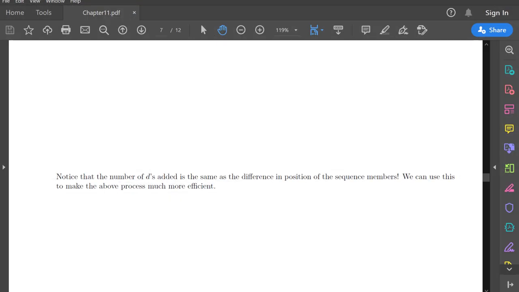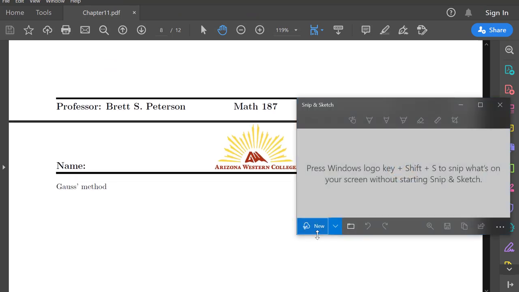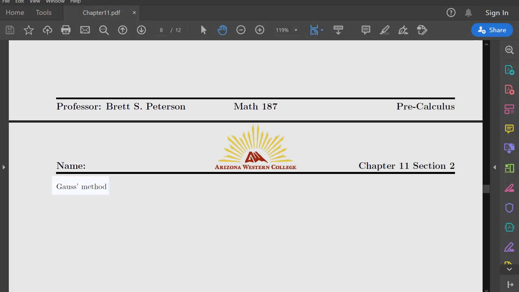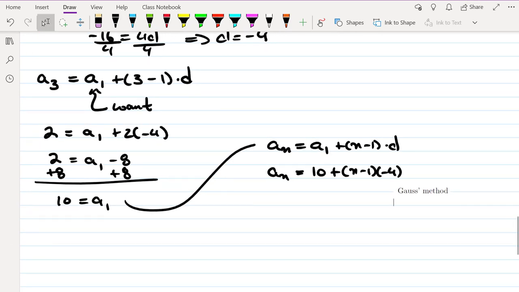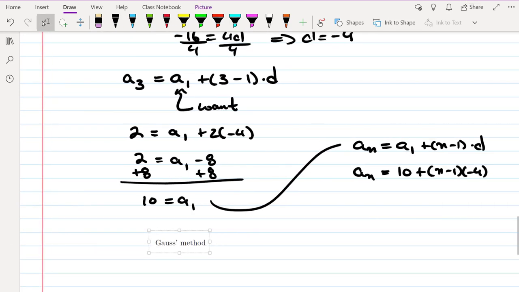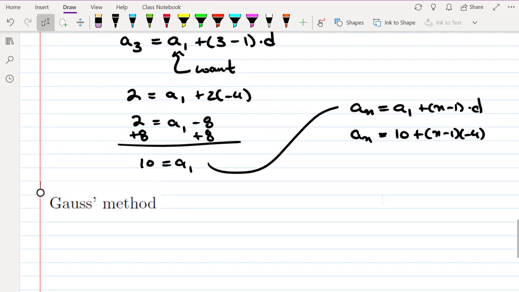All right, so now we want to talk a little bit about Gauss's method. So Gauss's method is a way to add up the terms in an arithmetic sequence. As the story goes, this method was used by Gauss when he was a young child in grade school.